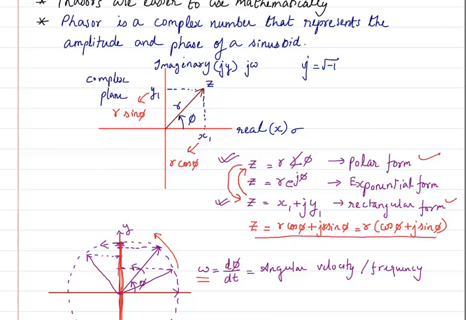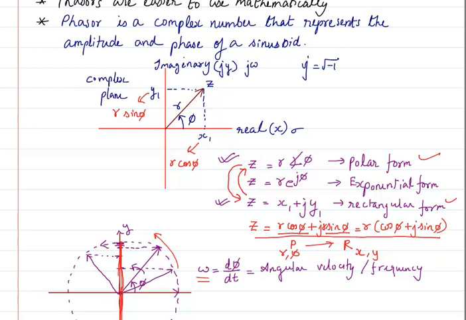Here we are going from polar form to rectangular form. We know r and phi in polar form, and we are able to write what x and y are in rectangular form. This much is x, and this much is y.